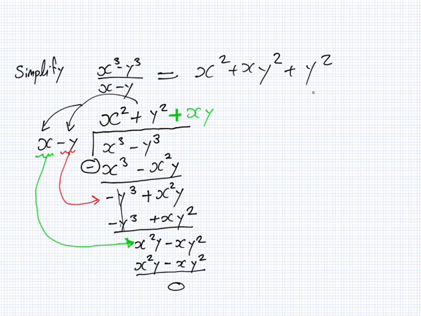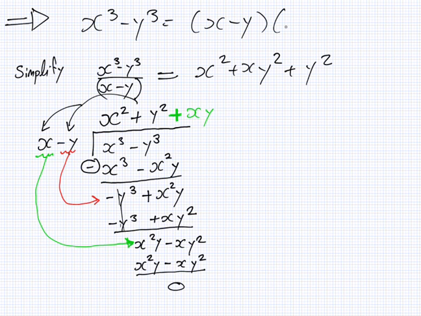But I hope this seems a little familiar to some of you, because, watch this, I can take this piece up to the right and make this formula. I can say x cubed minus y cubed equals x minus y times x squared, I'm sorry, there's no square in this, plus xy plus y squared.